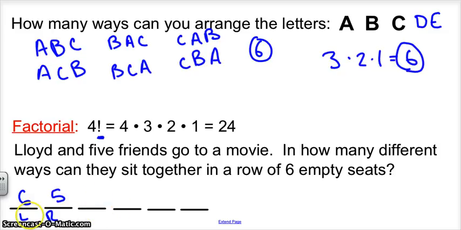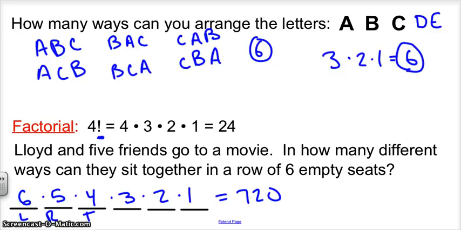So now we have Lloyd and Ryan taking up the first 2 seats. How many are left for the next one? 4. Let's say Tyler sits there. Next one, 3, 2, and 1. You would multiply all those options to get 720. And that's how factorials work.